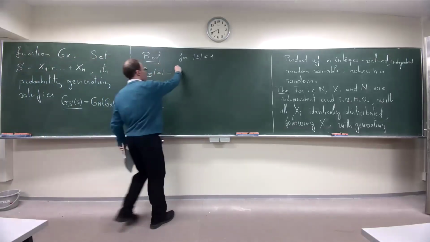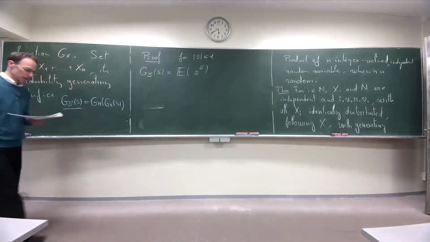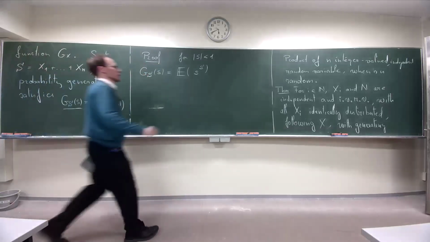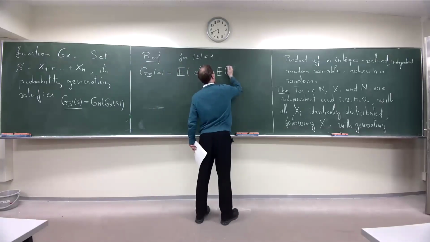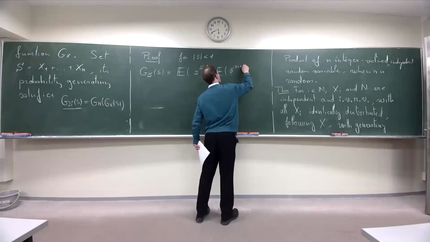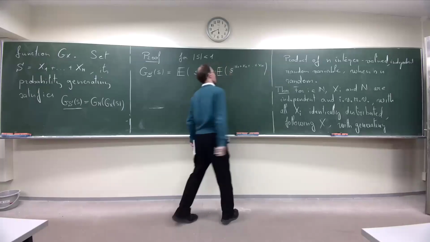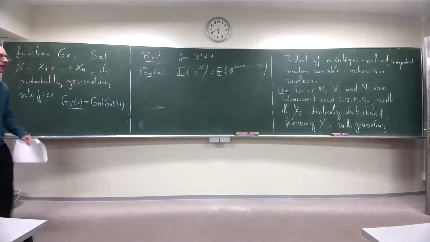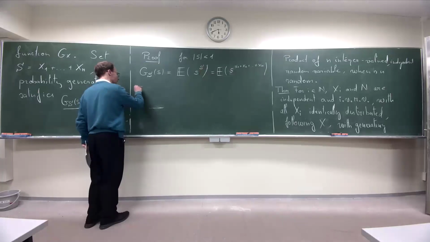By definition, this is the expectation of small s power capital S. This is what I introduced before, which is the expectation of s^(X1 + X2 + ... + XN), where N is not known. And now we are going to use what we have already introduced, the partition theorem for expectation.